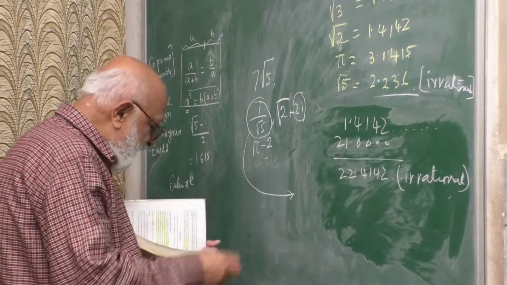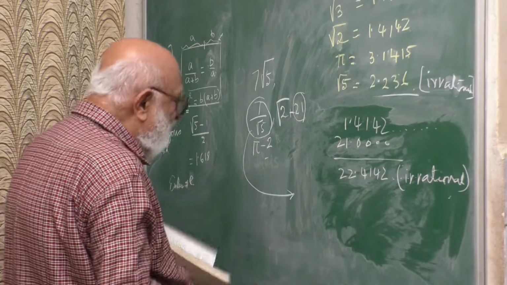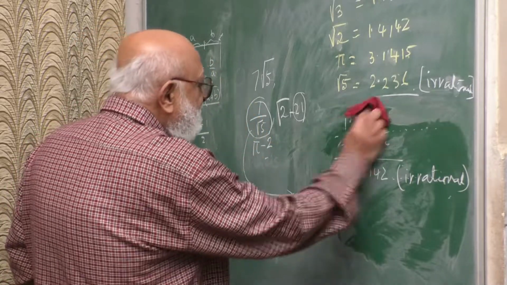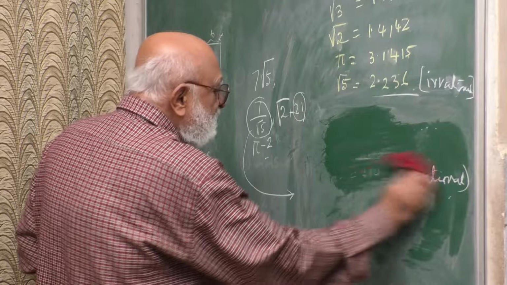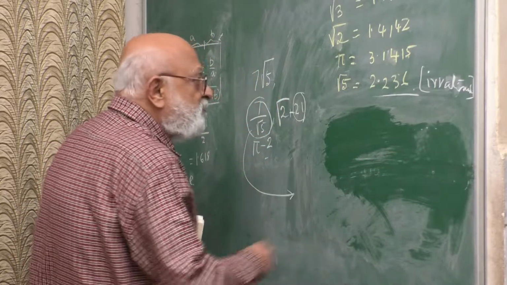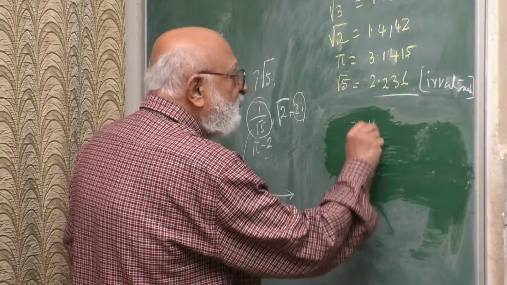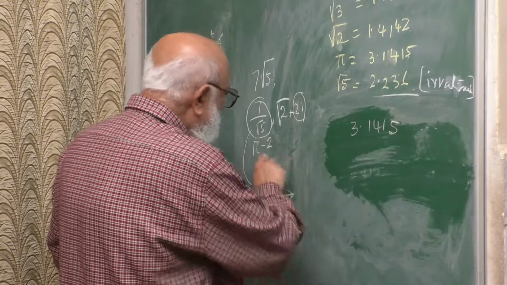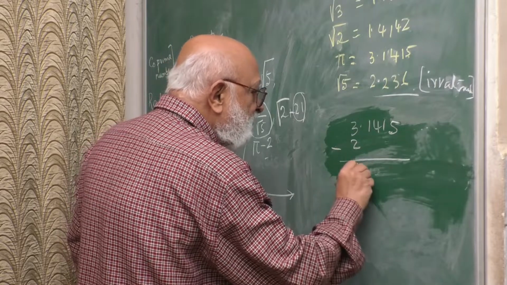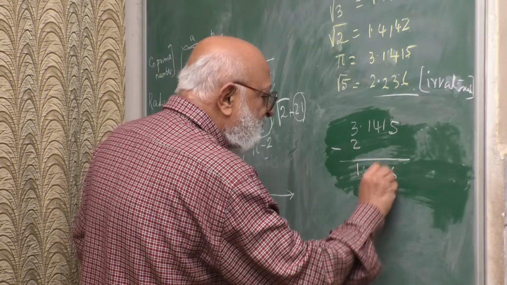Now the last one, let us see what it is. Pi minus 2. What is there to be so much afraid of? You already have the value of pi, 3.1415, minus 2. So what will be 1.1415?